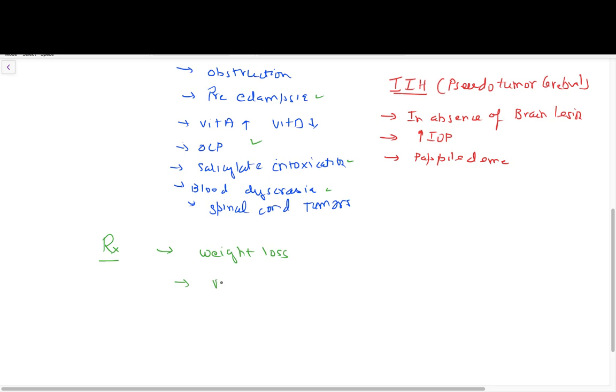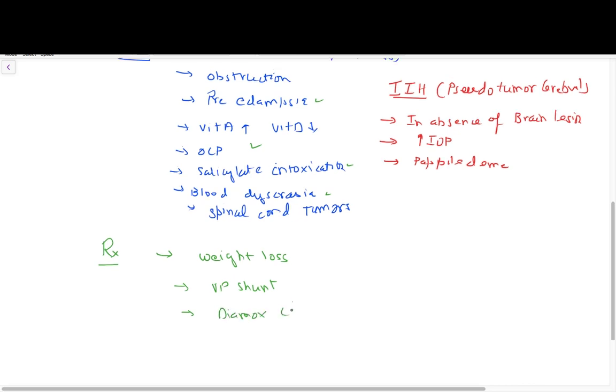Also, you can go for a VP shunt to decrease the pressure. If the patient is not surgically stable, you can give Diamox or acetazolamide tablets. So this is all you should know about papilledema, an important topic.